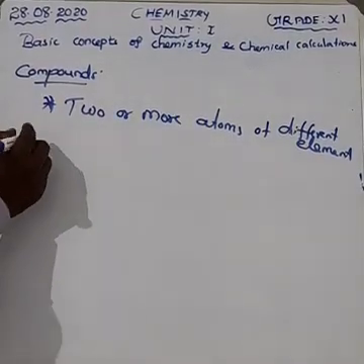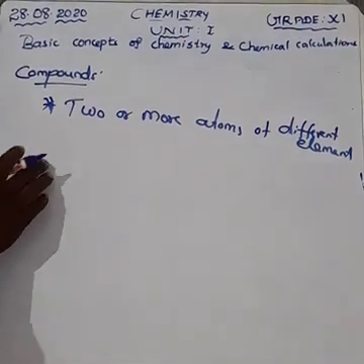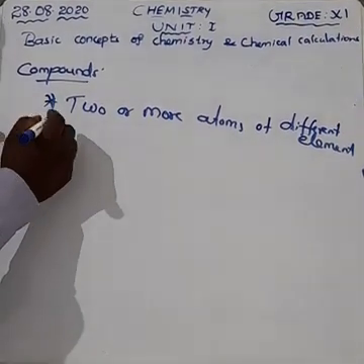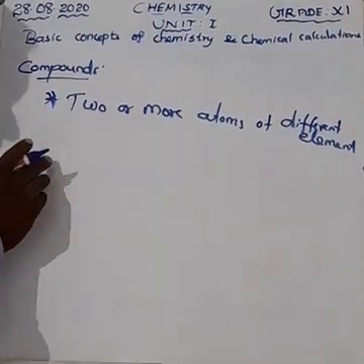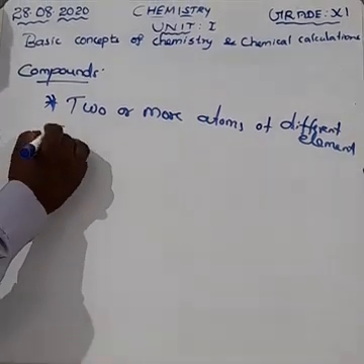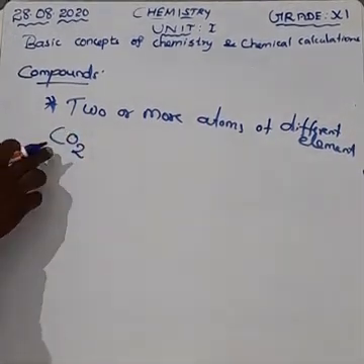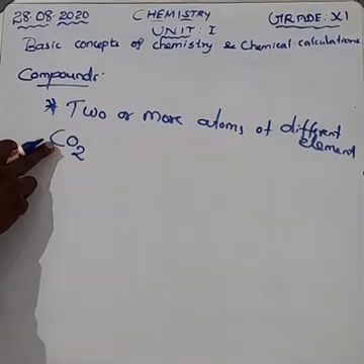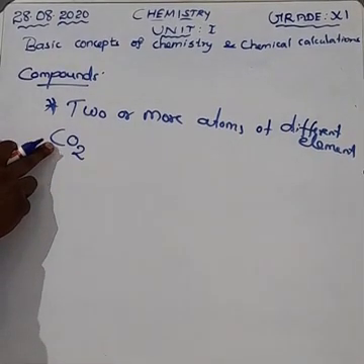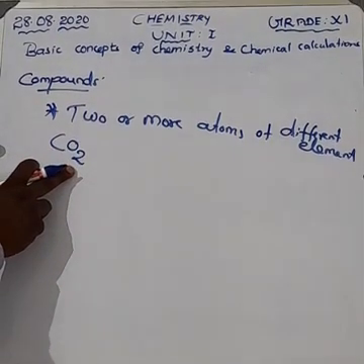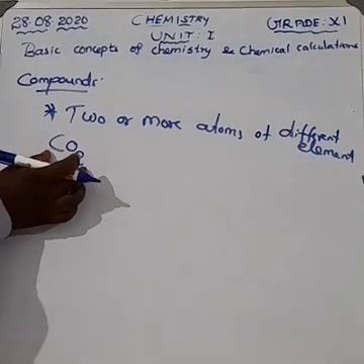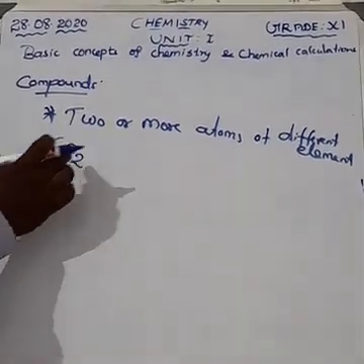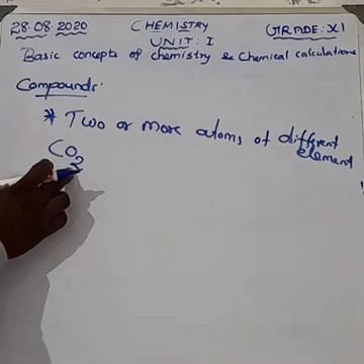What are the examples of compounds? One is carbon dioxide. What is the formula for carbon dioxide? CO2. In this compound there is carbon, one element, and oxygen also one element. Both elements combine to form one compound. It is made up of carbon and oxygen.